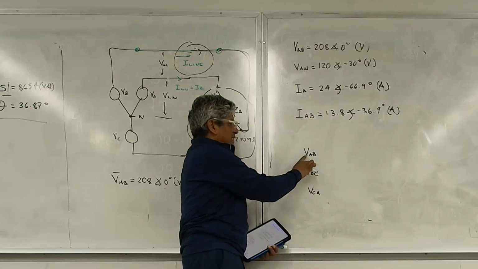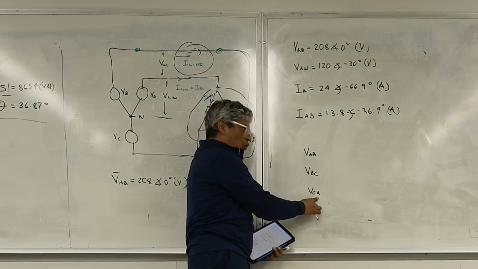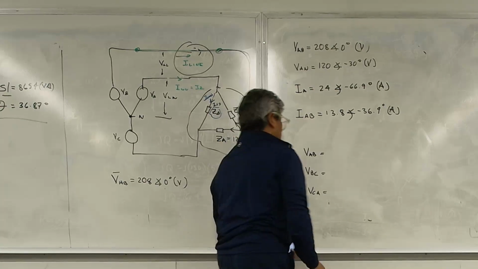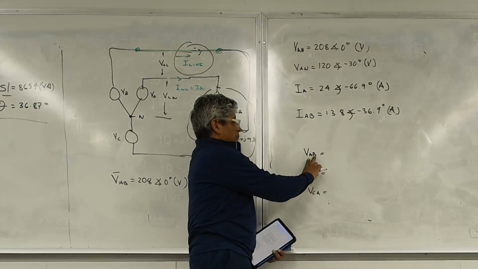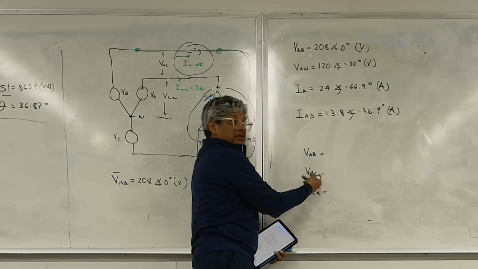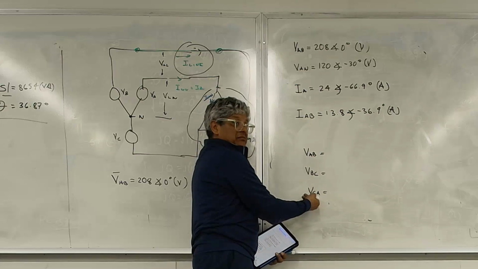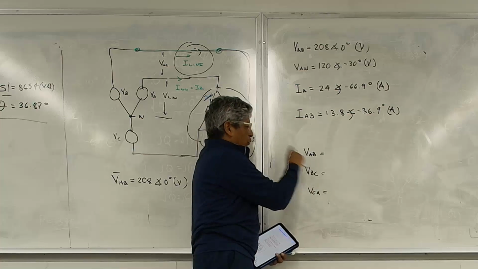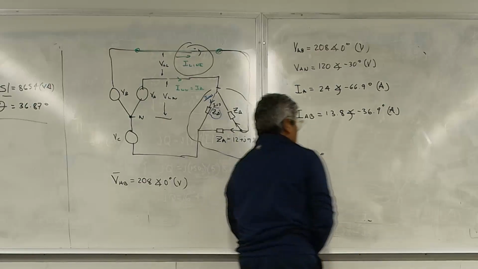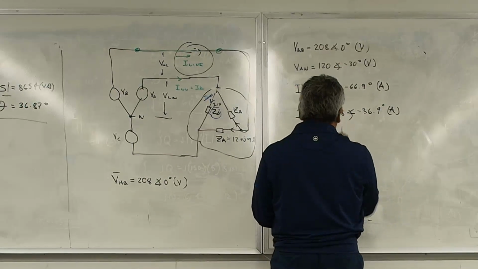Always in this order, everybody: A to B, B to C, C to A. B to A is not the same as A to B, B to C is not the same as C to B, and C to A is not the same as A to C. But we always go in that rotation, A to B, B to C, C to A. If you want to write it on your cheat sheet, I'm okay with that.